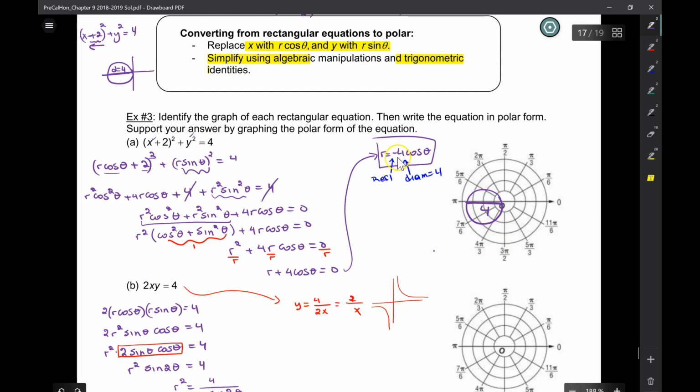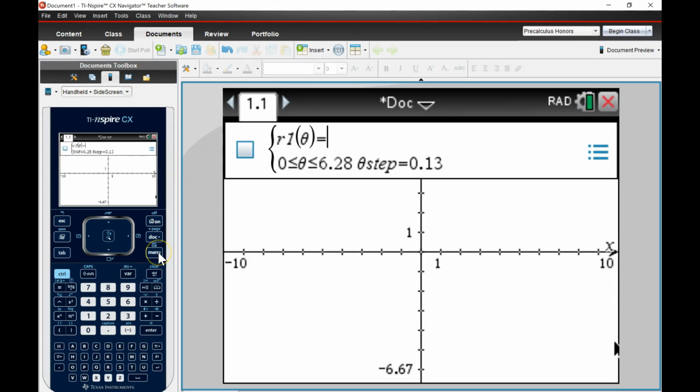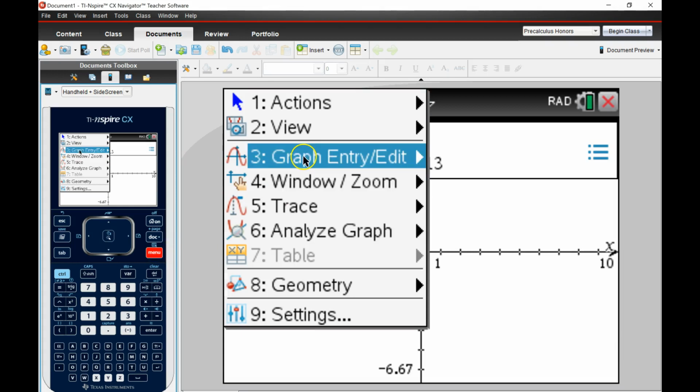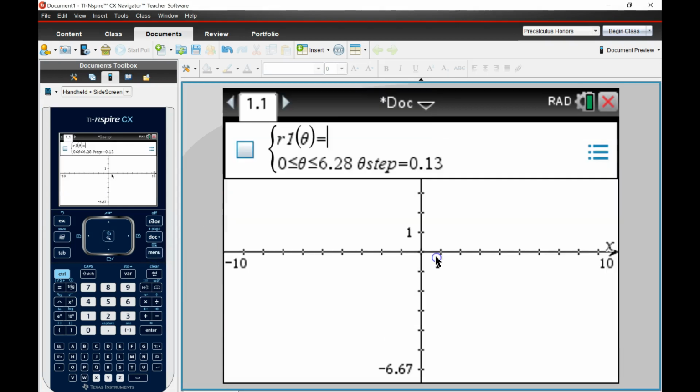So if I wanted to graph, let's say this one, r equals negative 4 cosine theta, it's just the same as graphing anything else. Once you have your graph, you have to go to menu, number 3, and then number 5 for polar coordinates. And here you could put in anything that you want.